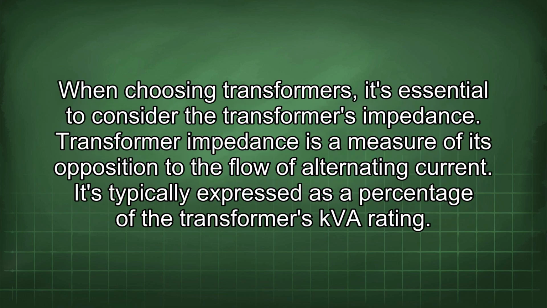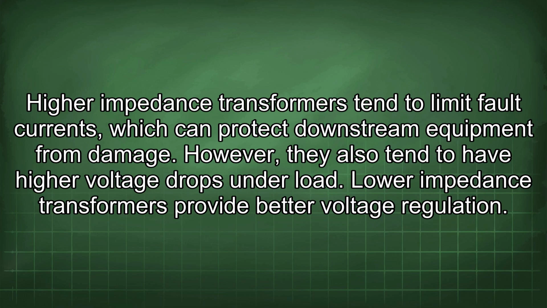When choosing transformers, it's essential to consider the transformer's impedance. Transformer impedance is a measure of its opposition to the flow of alternating current. It's typically expressed as a percentage of the transformer's kVA rating. Higher impedance transformers tend to limit fault currents, which can protect downstream equipment from damage.